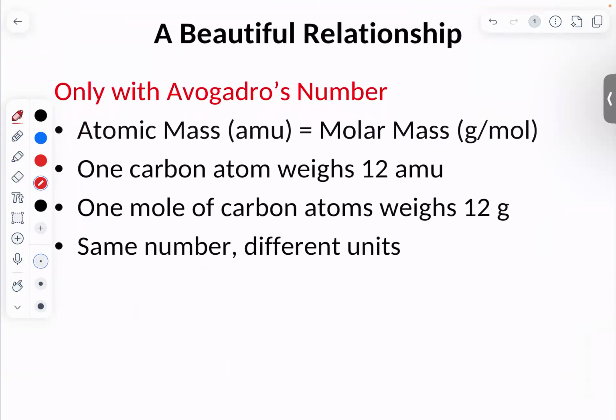For example, a single carbon atom weighs 12 AMU. Now, let's do some calculations based on dimensional analysis.